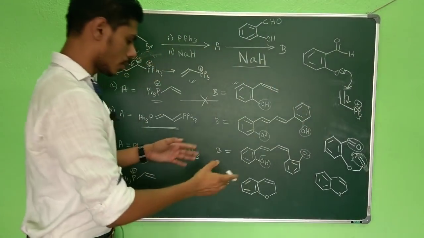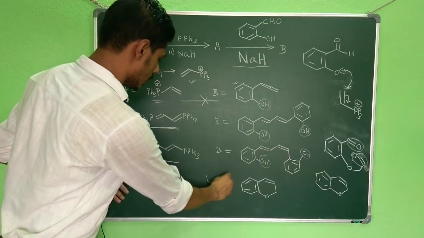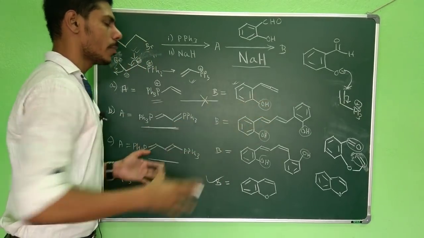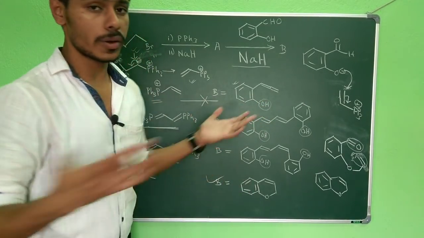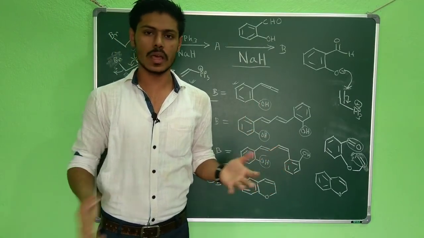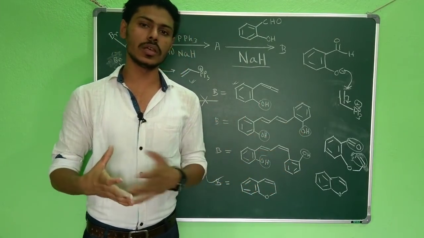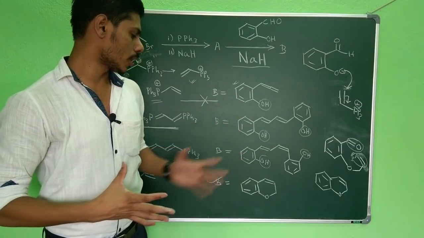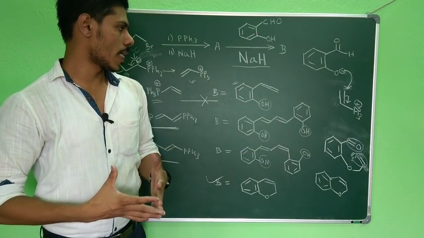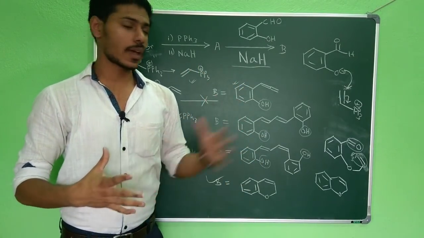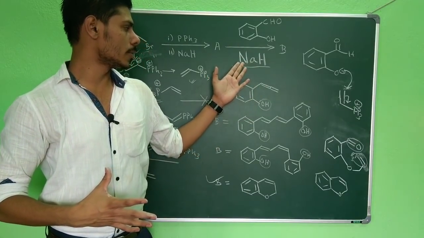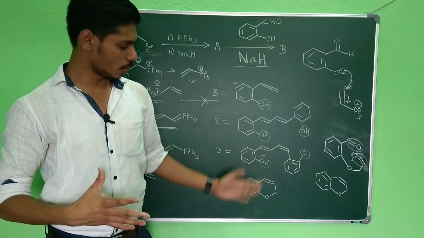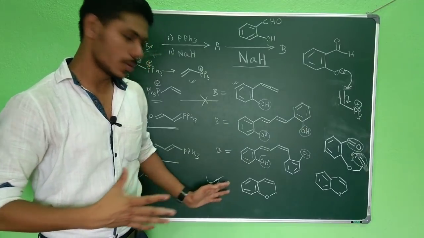Here you have the double bond, so you can see this is product B. This is how you solve it, but as I already told you, you don't have to solve the question. You can just predict the product by looking at the options, because you have to assign the roles of the reagents, and if you assign the role of sodium hydride, only option D would be the correct answer.